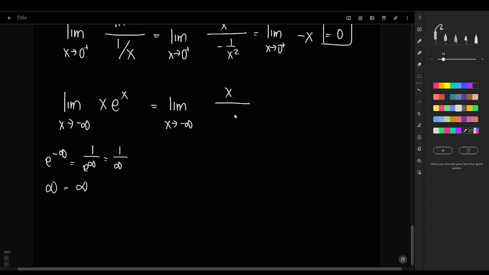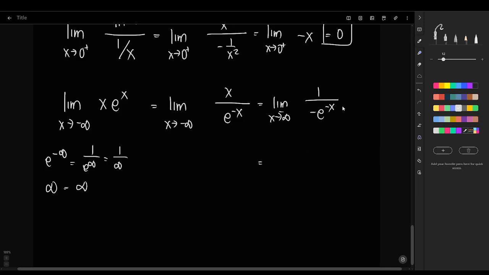Since this is 1 all over exponential of x, this is e to the power of negative x here. So when you apply L'Hospital's rule, this is equivalent to 1 all over a negative of the exponential of negative x, no?